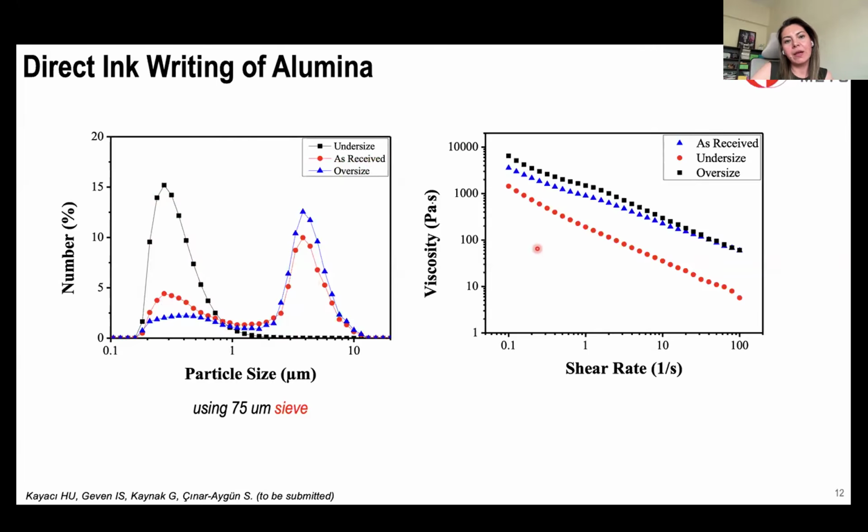And then we compare the rheological behavior of those suspensions. So what you see here is that the undersized particles, the smaller particles, exhibit much lower viscosity. What we know is that if the particle size reduces, then the viscosity increases. However, here we have aggregates, so they cannot flow or rotate in that suspension, I guess. So they exhibit much higher viscosities compared to those smaller ones.